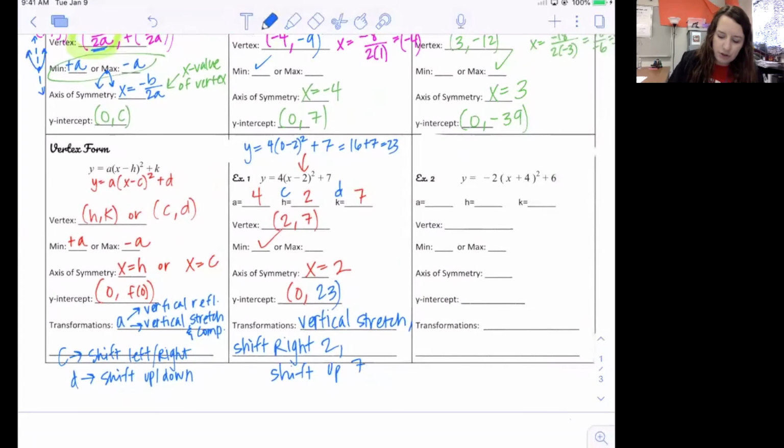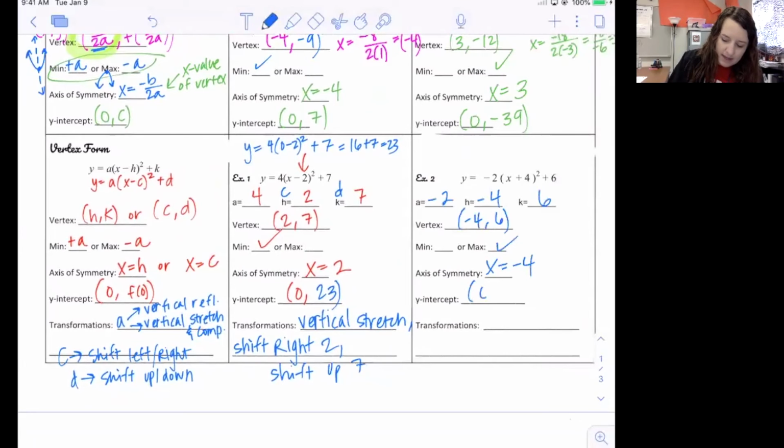Looking at example 2, I've got an a value of negative 2, h value of negative 4, k value of 6. So my vertex will be located at negative 4, 6. I'm going to have a maximum because I have a negative a value. My axis of symmetry is at x equals negative 4.